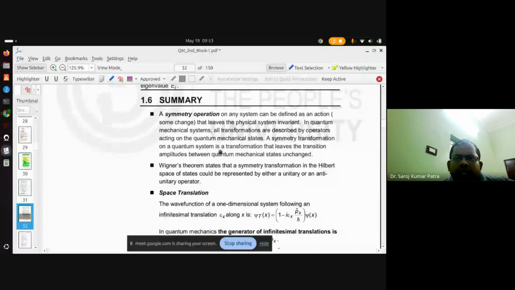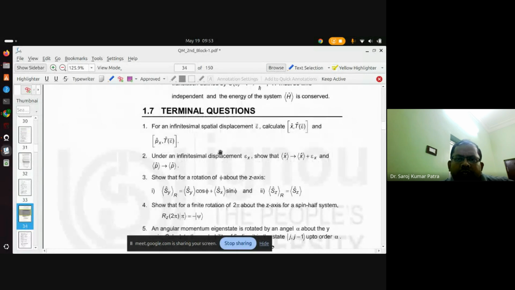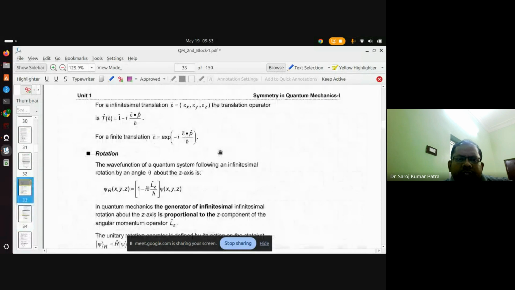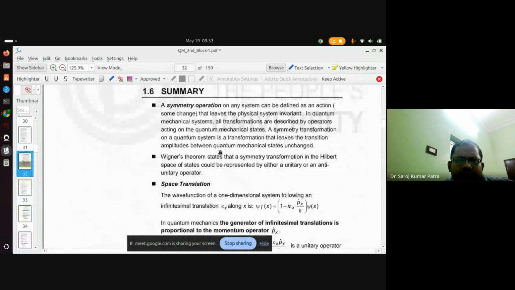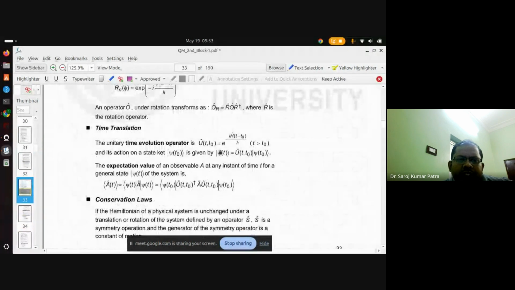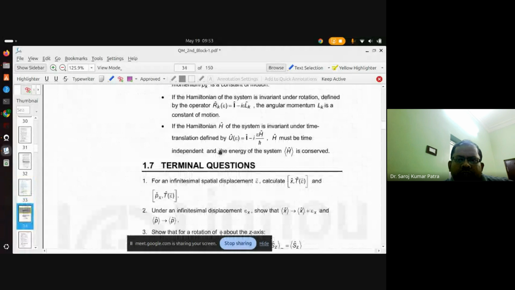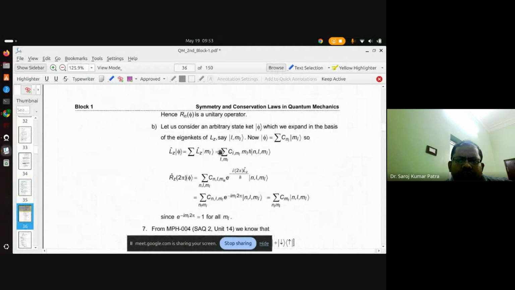Okay, so then I will possibly take a couple of minutes break and then we'll move over to the next part. Here there is summary of this unit, and basically what we discussed: symmetry operation, space translation, rotation, time translation, then conservation laws. There are few solved questions as well.